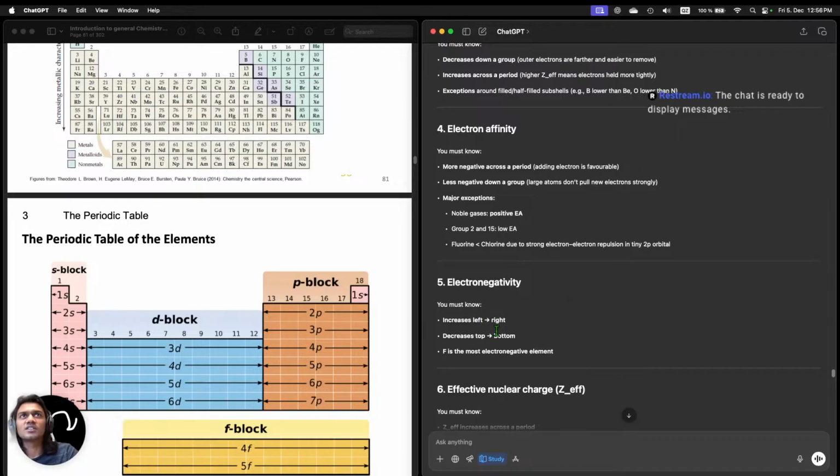Electronegativity increases from left to right. Across a period, adding an electron is favorable. Smaller, yeah.